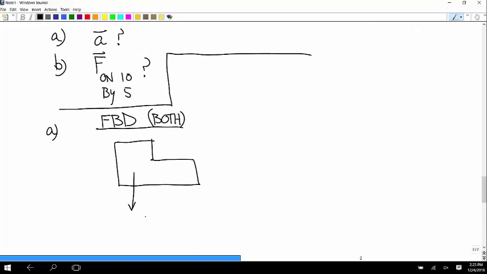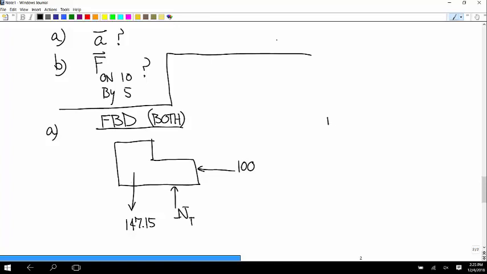So 15 times 9.81 is 147.15. Then there's a normal force pushing up. I'll call that N total, NT. And then there's the 100 Newton force pushing to the left. And that's the only place the outside world makes contact with the boundary. There's no friction force.